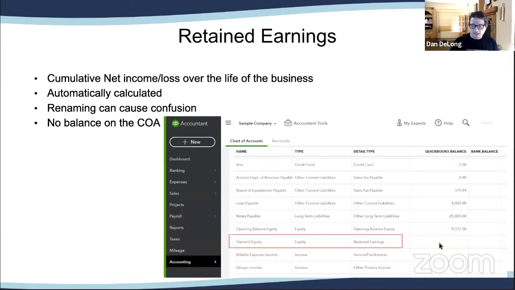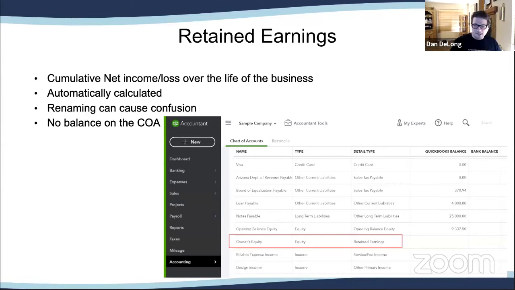So you'll see an equity account that doesn't have a balance. That is the one that is retained earnings. There's really no reason to put a transaction into it, because QuickBooks does all the calculations for you over the life of the business based on the closing date. It will make a closing entry and show up on reports properly.